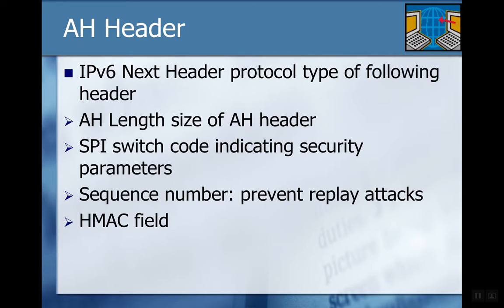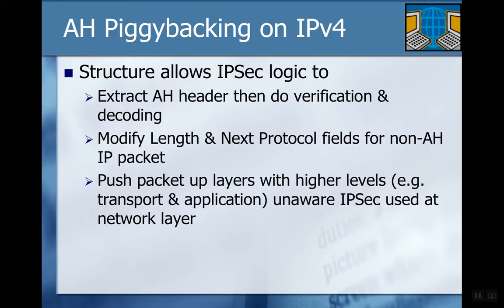You can apply it for IPv4, but this is the mechanism that has been baked into the IPv6 design. So as I said, you can piggyback AH into IPv4, so you can use it in IPv4 as well.